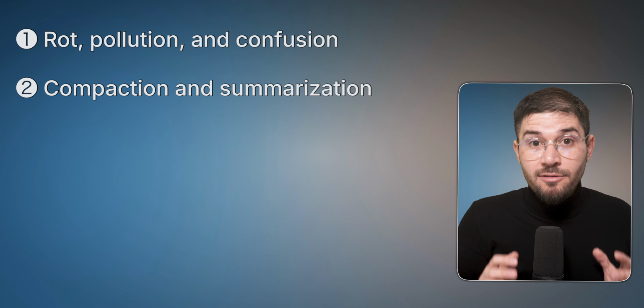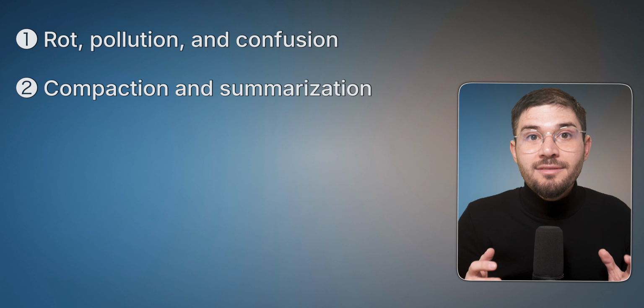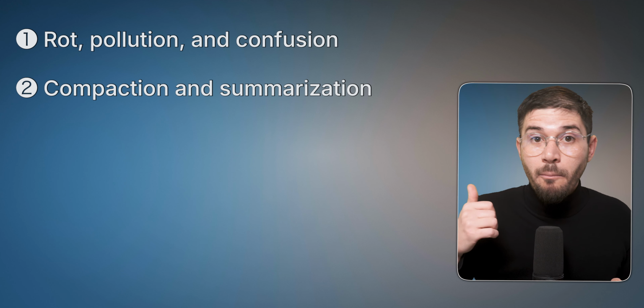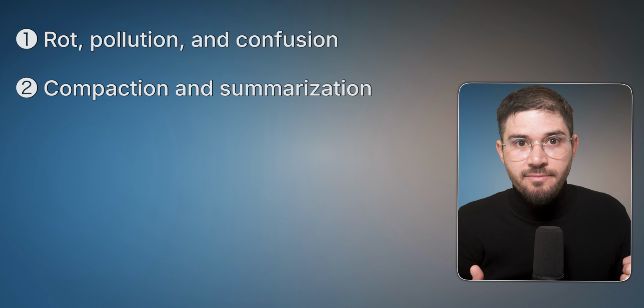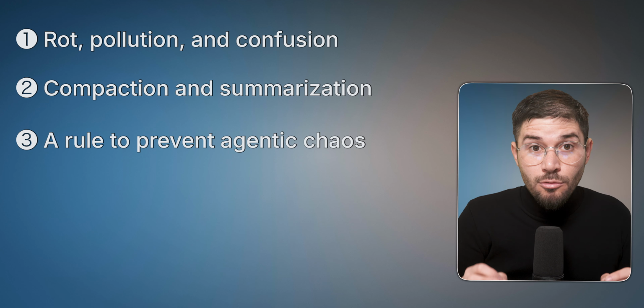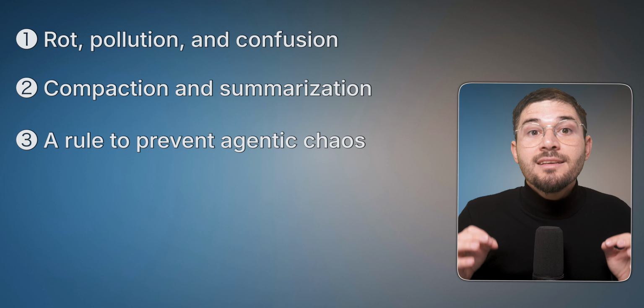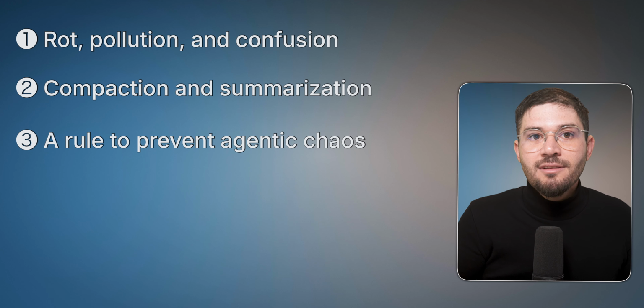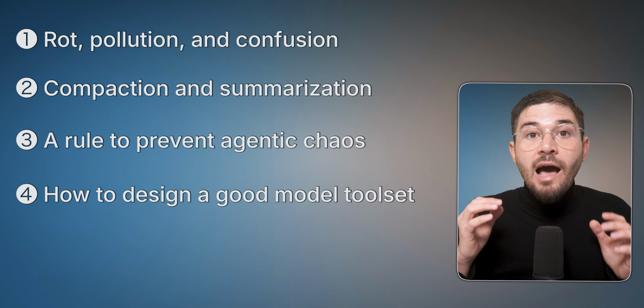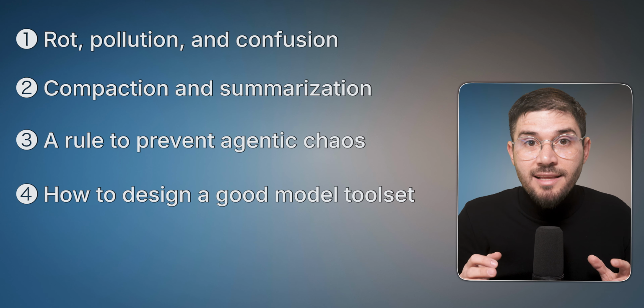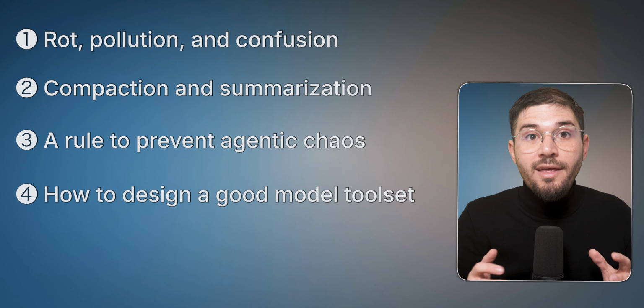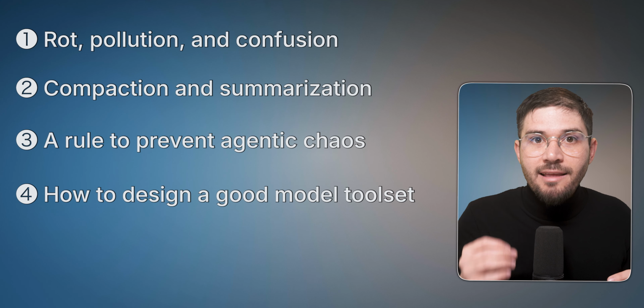Second, 2 powerful techniques to keep your context clean, named compaction and summarization. Third, a simple rule for multi-agent systems that prevents chaos. And finally, how to design a toolset that your model can actually use without getting confused.